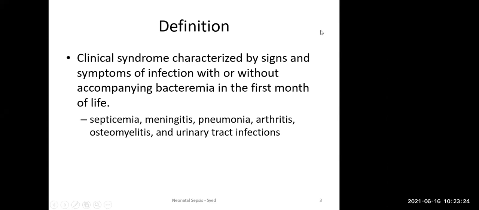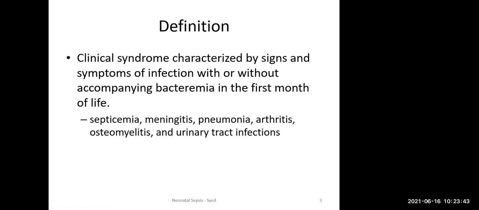Meaning with or without positive culture. When you say bacteremia, it means there's a positive culture. So with or without positive culture in the first 28 days of life. It can be septicemia, meningitis, pneumonia, arthritis, anything. These are the sources of infection.